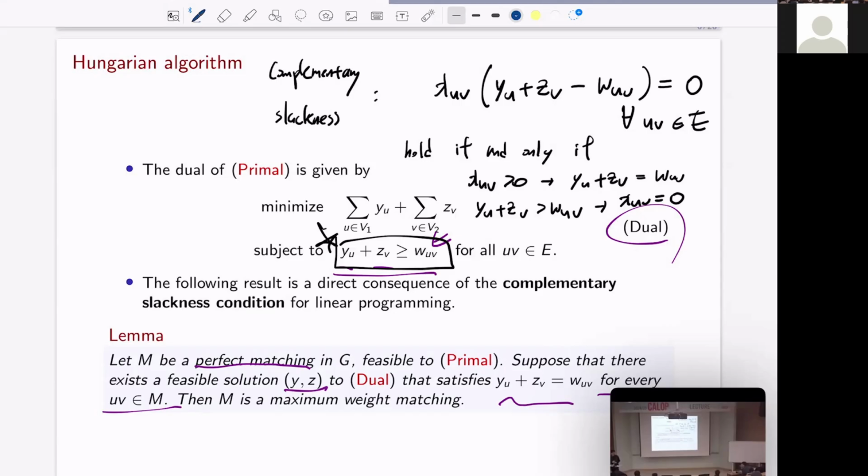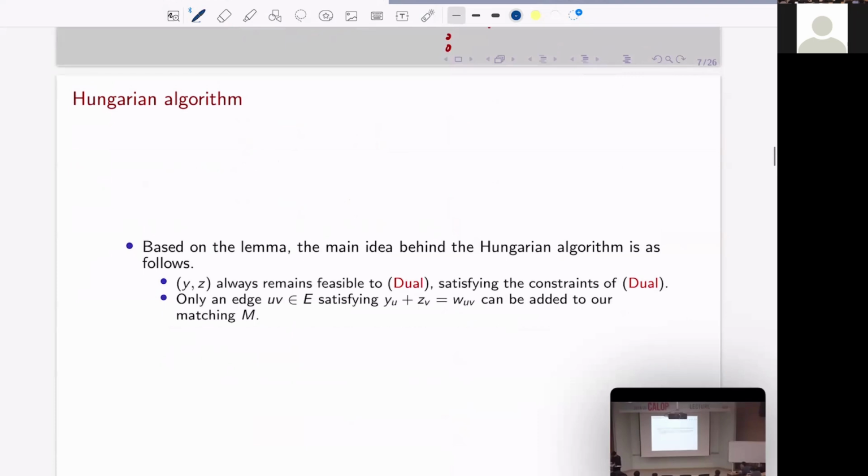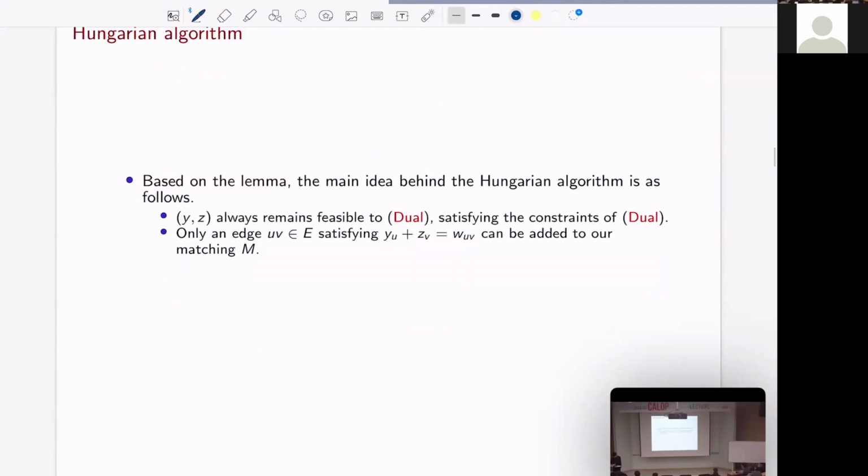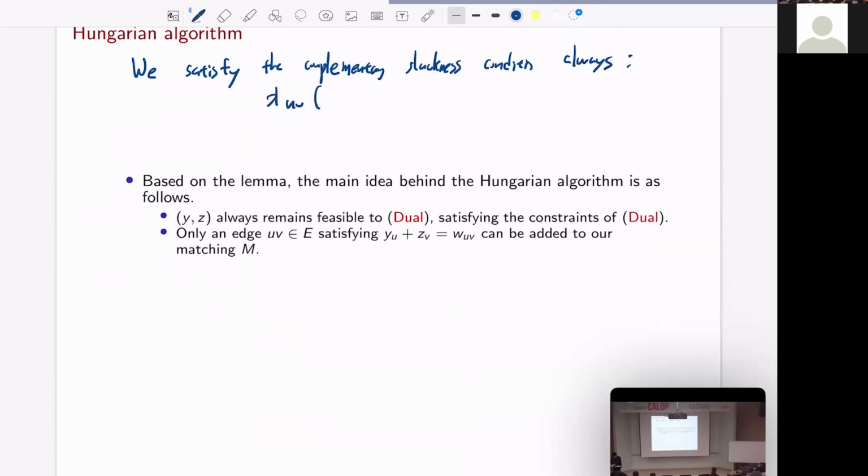So the idea is, we always satisfy the complementary slackness condition. What it means is x_uv times (y_u plus z_v minus w_uv) equals 0.